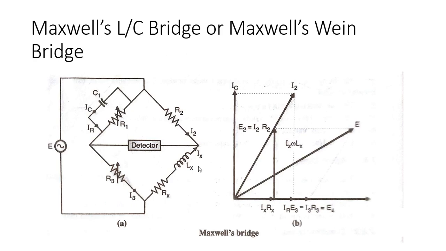And Y1, that is 1 upon Z, is equal to 1 upon R1 plus J omega C1. So finally after multiplication we get the equation like this: R2 R3 divided by R1 plus J omega C1 R2 into R3.